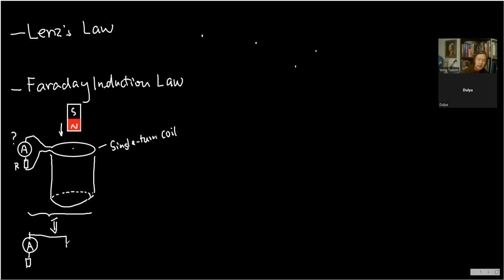Depending on the direction of the move, it could be equivalent to a battery. This is called the EMF, epsilon. According to Faraday's law, do you remember what epsilon is? It's called the induced voltage, or induced EMF. Do you know the formula?